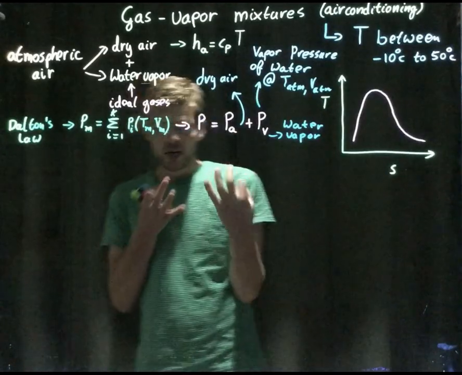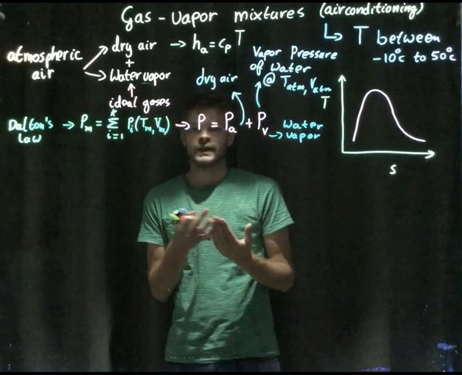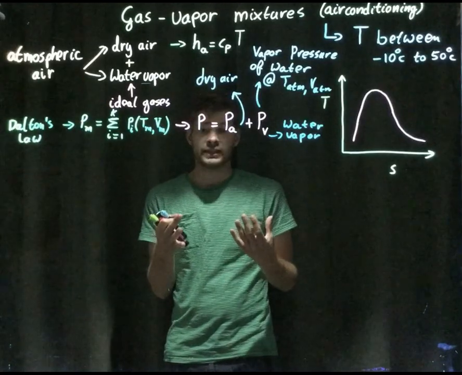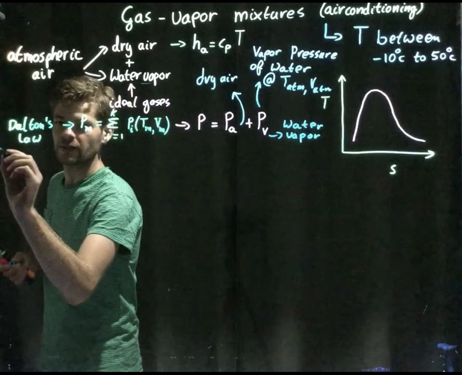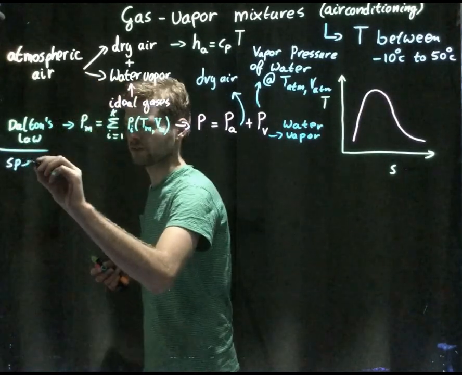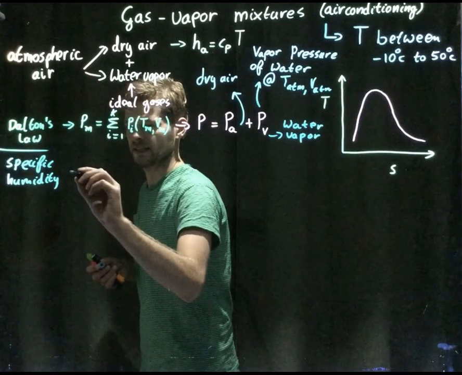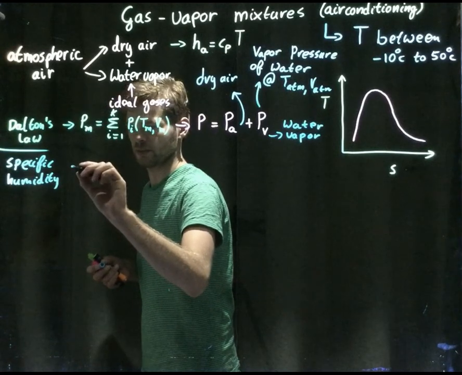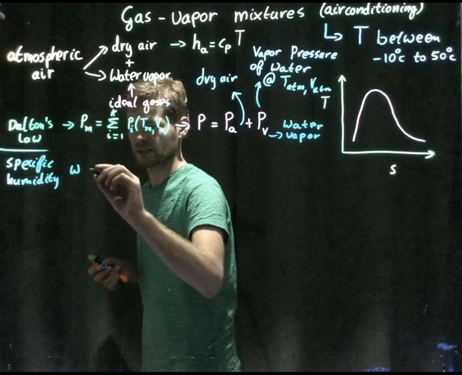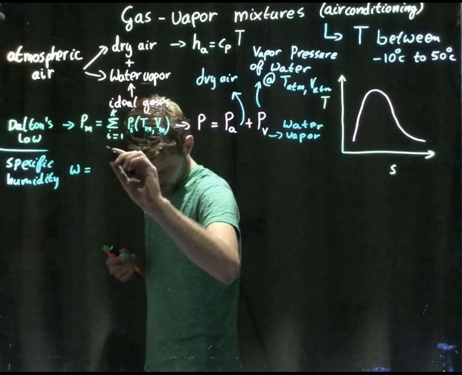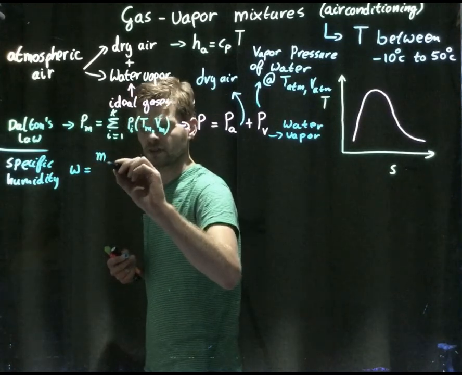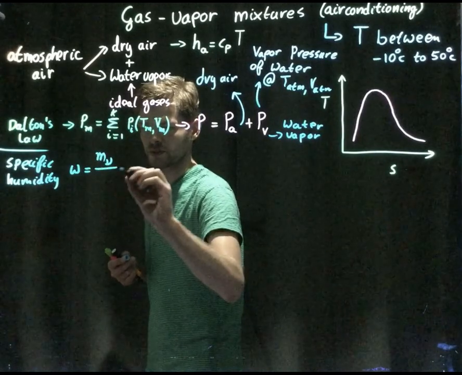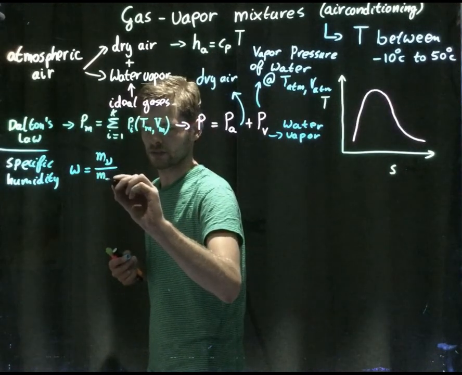Okay, and we are especially interested in humidity. So the amount, and I'll just write it down, humidity, is denoted by omega, and that's equal to the mass of vapor divided by the mass of dry air.